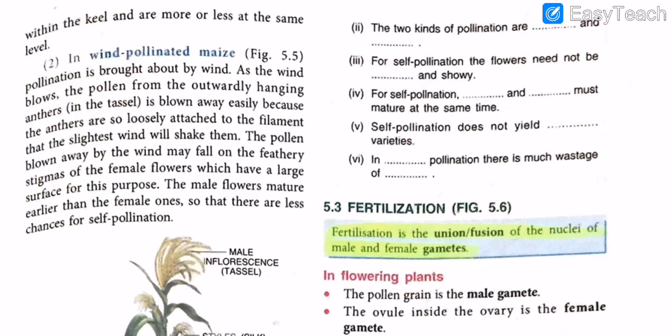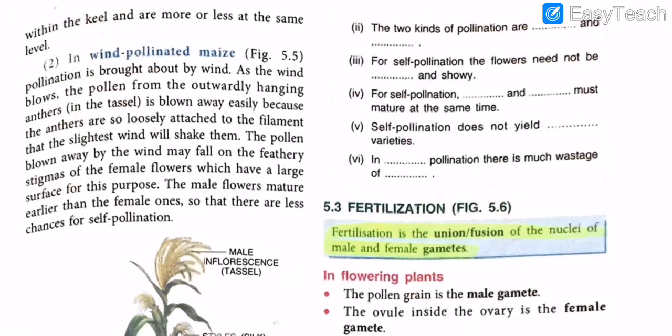Self-pollination and cross-pollination. For self-pollination, the flowers need not be extremely attractive, large, colored, all of that. It's not needed. For self-pollination, dash and dash must be mature at the same time. Extremely easy, right?